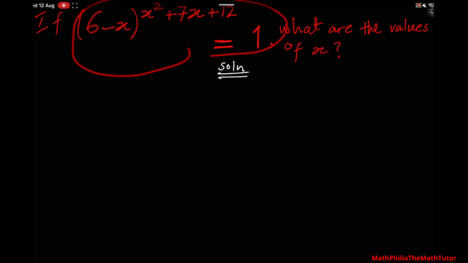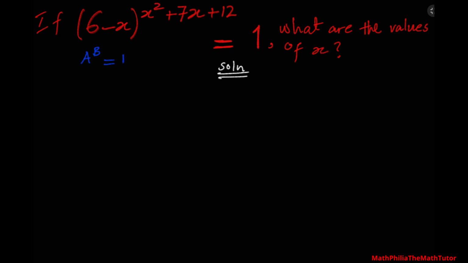This question here, we can look at it as in the form of a raised to the power of b is equal to 1, right? Because the question is kind of intimidating, isn't it? The terms, I mean. But in the simplest form, it can be in this formula, where a is just 6 minus x, and b is this term over here, and then 1 is just 1, okay?